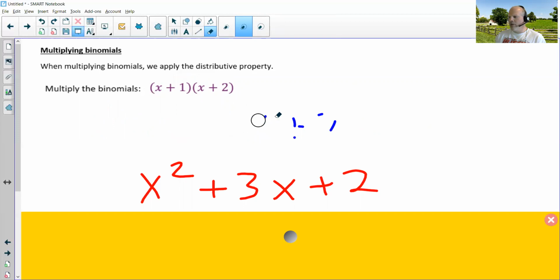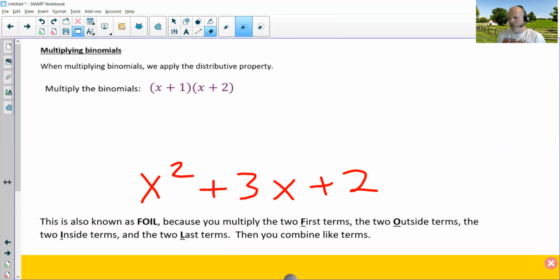And it is an acronym that is FOIL, F-O-I-L. And FOIL stands for first, outside, inside, and last. That's supposed to help you remember which numbers to multiply.